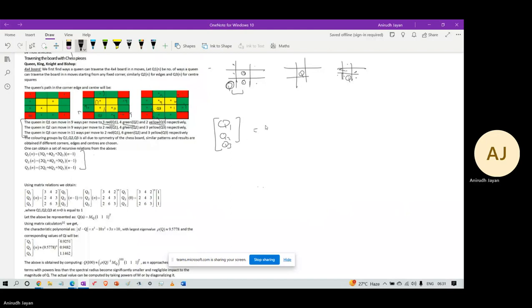Then we get the following relation: 3, 4, 2, 2, 4, 3, 2, 6, 3, times q1 of n-1, q2 of n-1, and q3 of n-1. We get the following matrix relation.